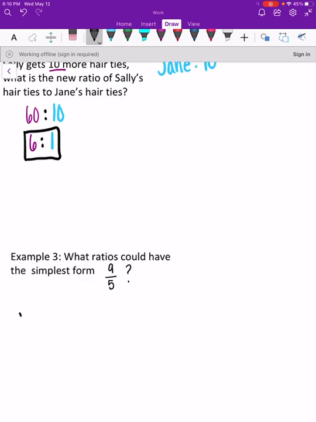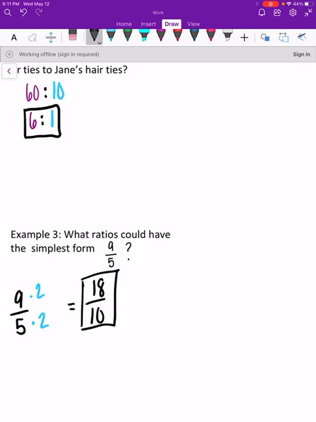So if I take 9/5 and I multiply the top by 2 and the bottom by 2, it has to be by the same number. 9 times 2 is 18. 5 times 2 is 10. So 18 over 10. That ratio has the simplest form 9/5. We would just divide the numerator and the denominator by 2.